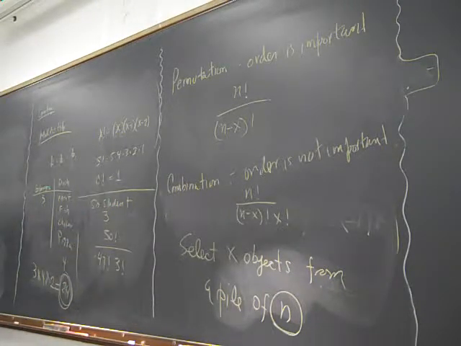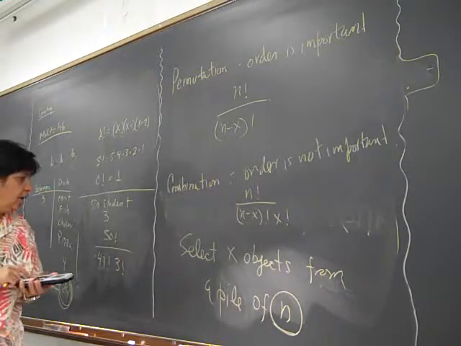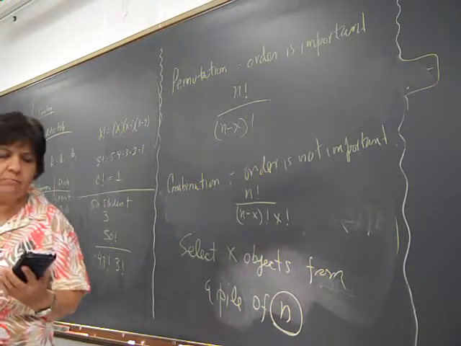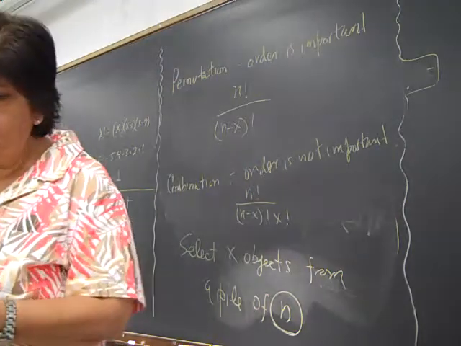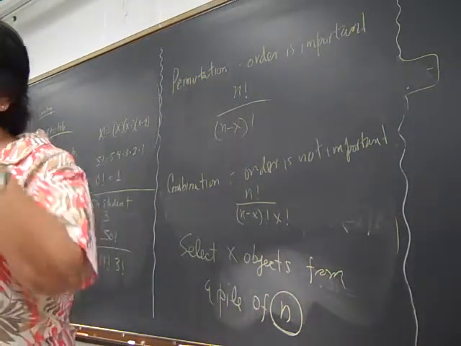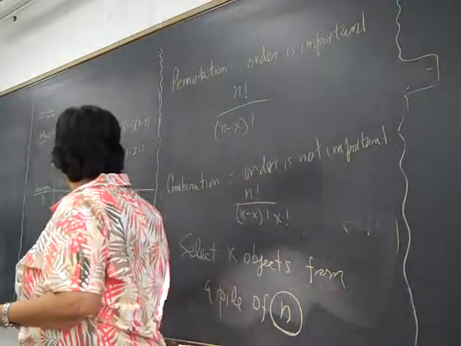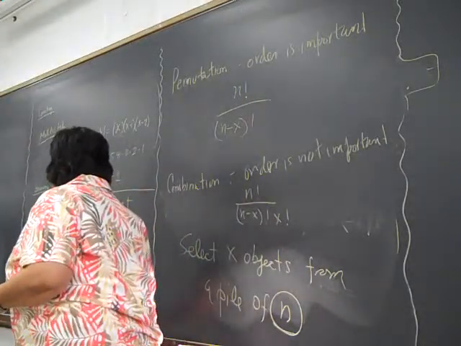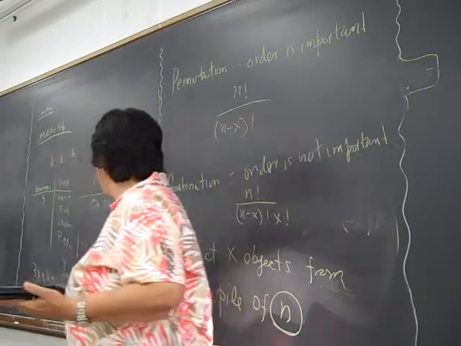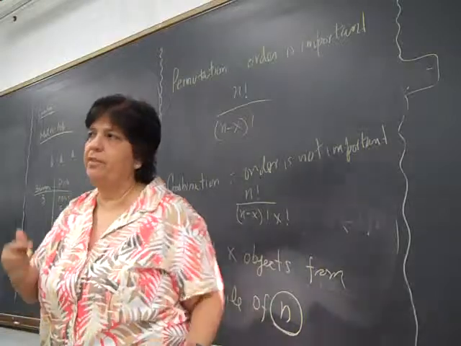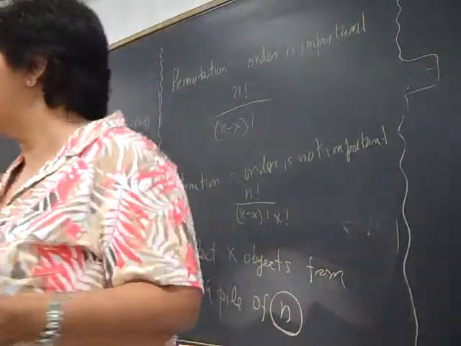Anyways, in your TI-84, how can you get combinations? Let's say 50 combination 3. From 50 I'm going to get 3. That's the notation that the TI-84 and your book use.